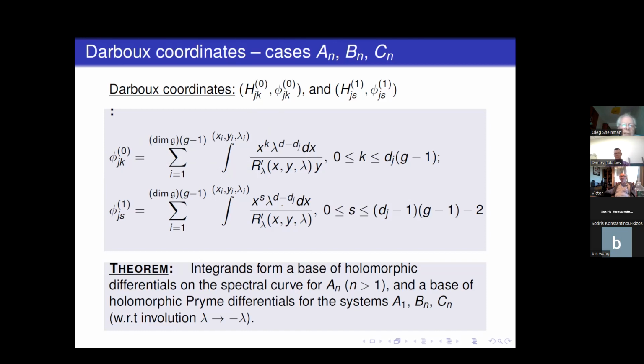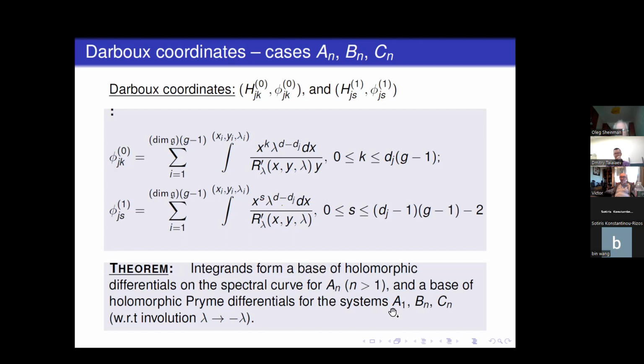But in fact, the idea of these relations is not complicated at all, because the following theorem states that these integrands form a base of holomorphic differentials on the spectral curve for the system GLN, and a base of holomorphic prime differentials for the systems A1, B, and Cn.